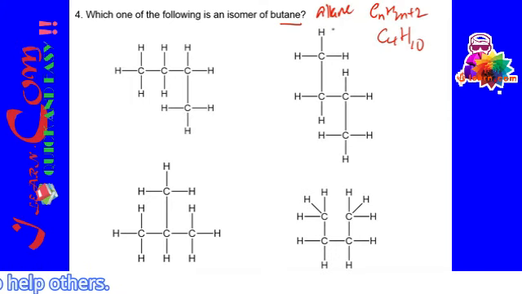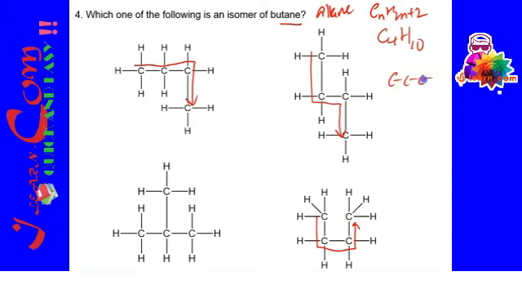So which one of the following is an isomer of butane? If we look at this one, this is a continuous carbon straight chain. Next one, continuous carbon 4. Continuous carbon 4. So basically these are just the 4 carbon straight chain butane molecule drawn in a different way.